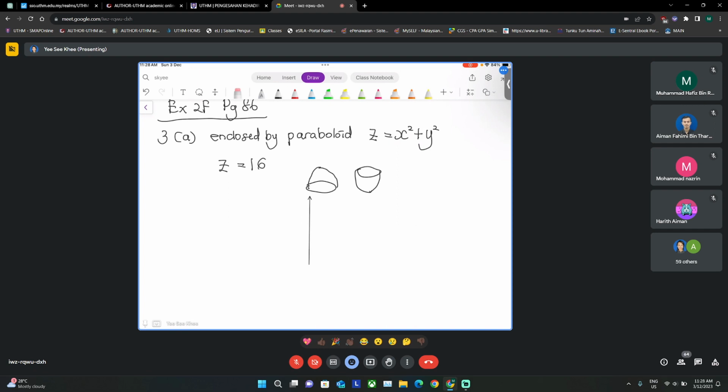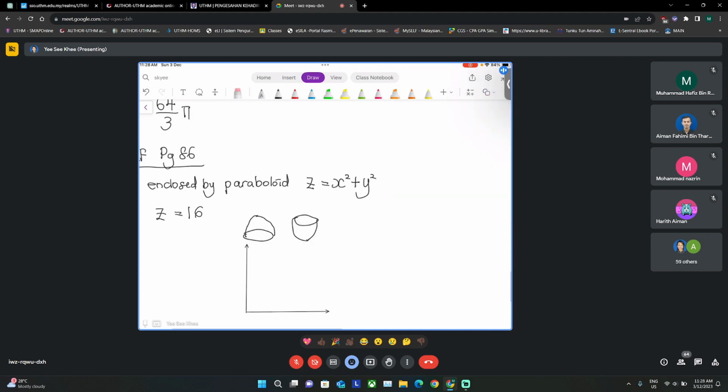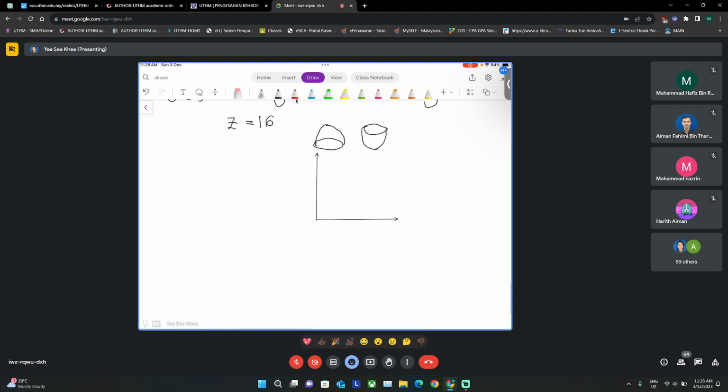So how will you do it? You will find its values when the position z is 0. We take the equation z equals x squared plus y squared. We want to know whether it's this type or this type, so we look at the position z equals 0.